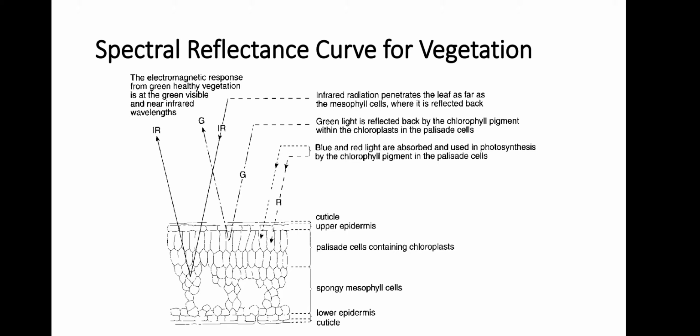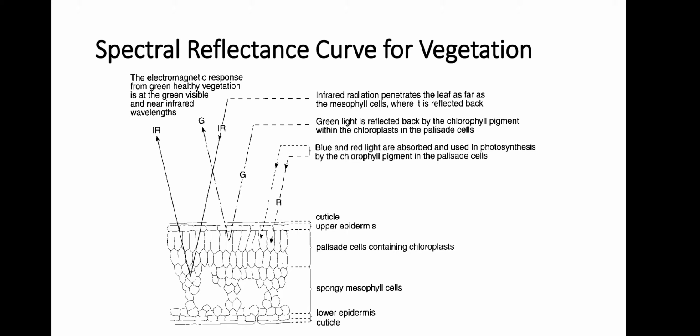Now as you can see in the cell structure, you can clearly see the IR, G, and R. The electromagnetic response from a green healthy vegetation is at green visible and near infrared wavelengths. Infrared radiation penetrates the leaf as far as the mesophyll cells, where it is reflected back.